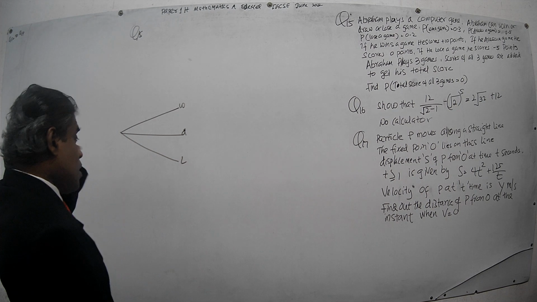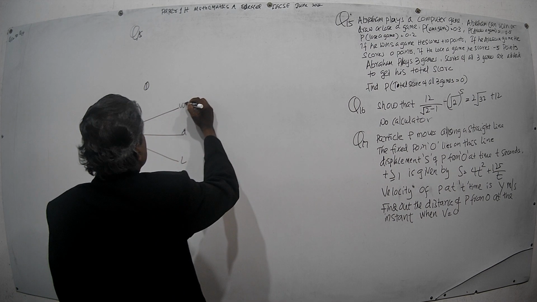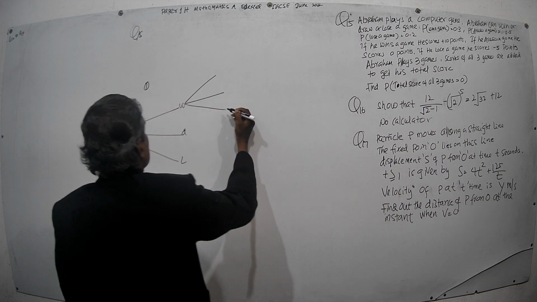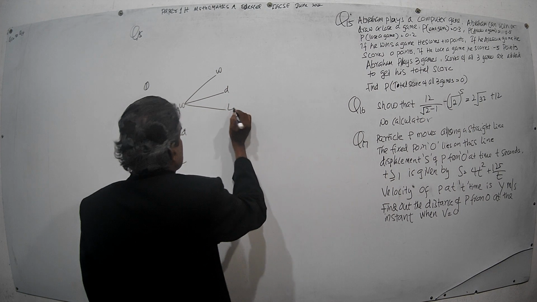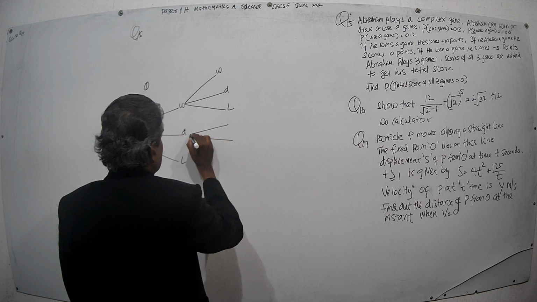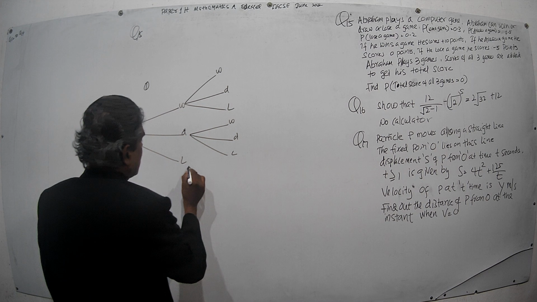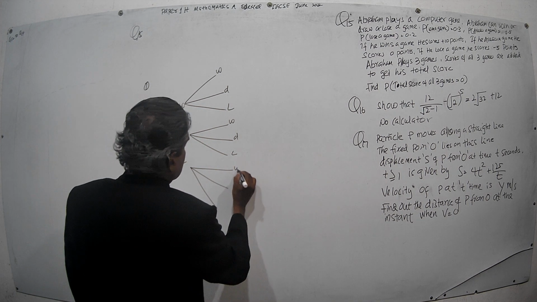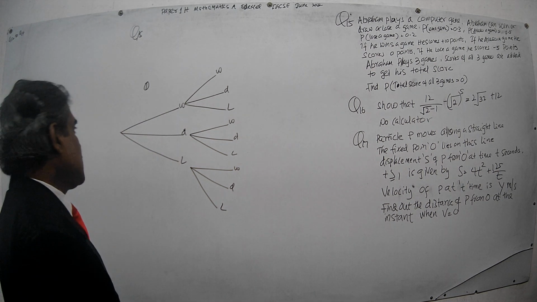Then second game, again win or draw or lose. This one also win, draw or lose. That is the second game.